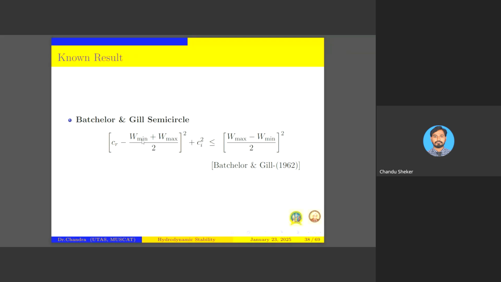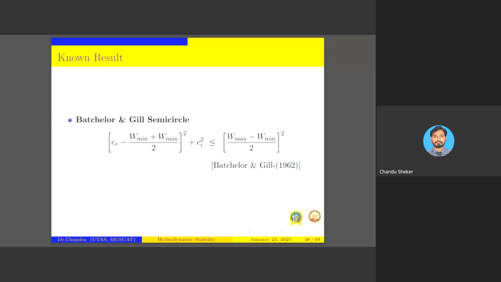See, this is what Batchelor and Gill proved: CR minus this value whole square plus CI square is less than or equal to this value whole square. If we consider CR as X and CI as Y, then it represents a semicircle.